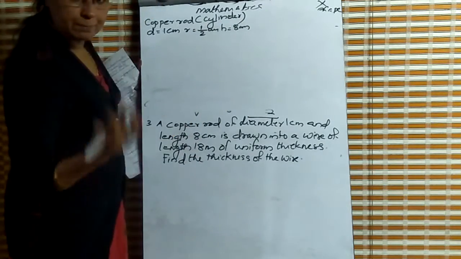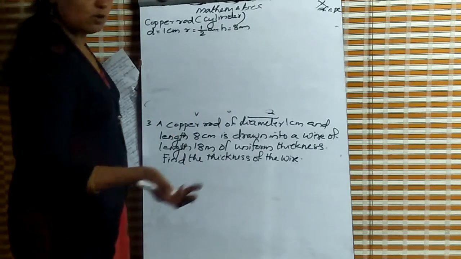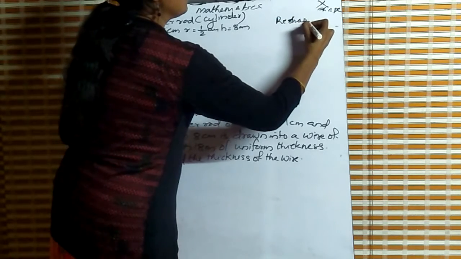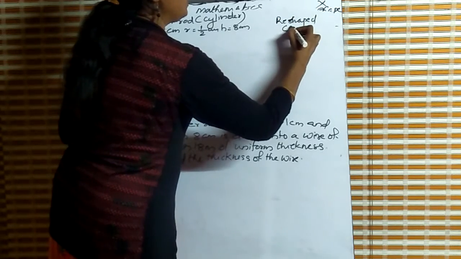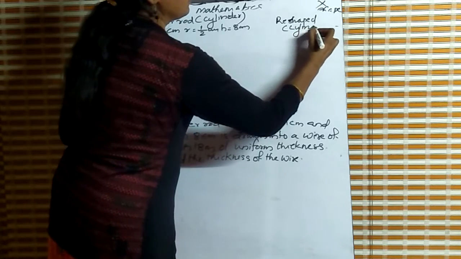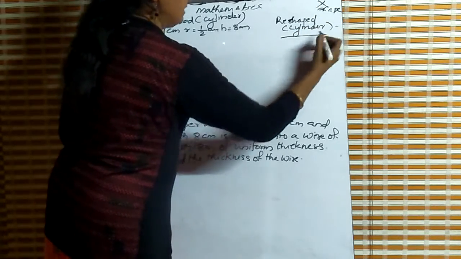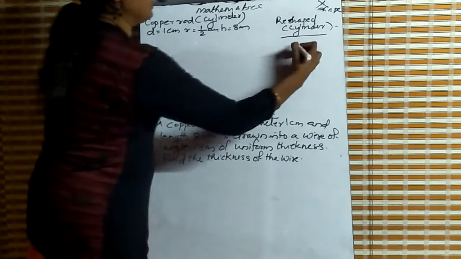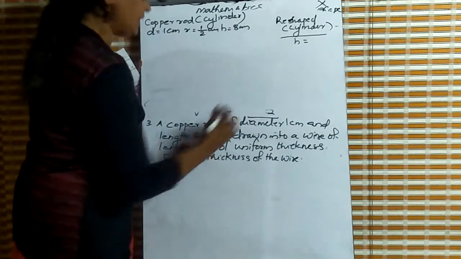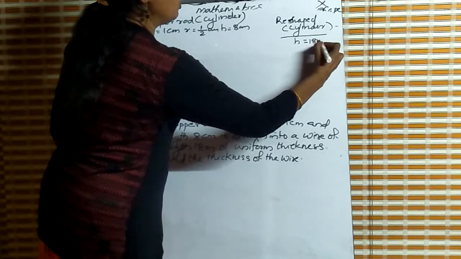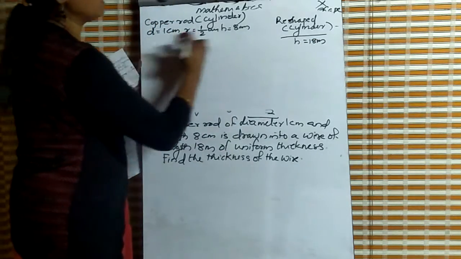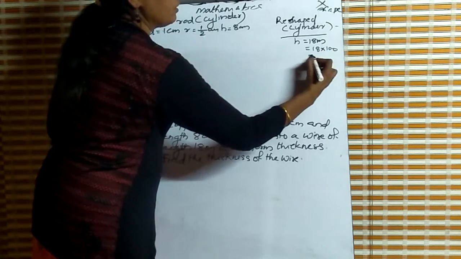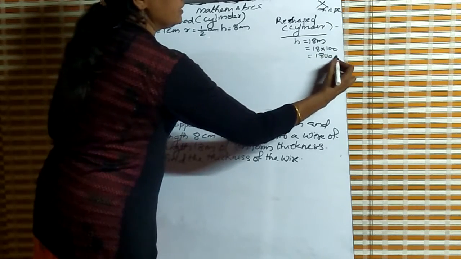In reshaping, its shape is also a cylinder. Here all units are in centimeter, so we convert 18 meter into 1800 centimeter.